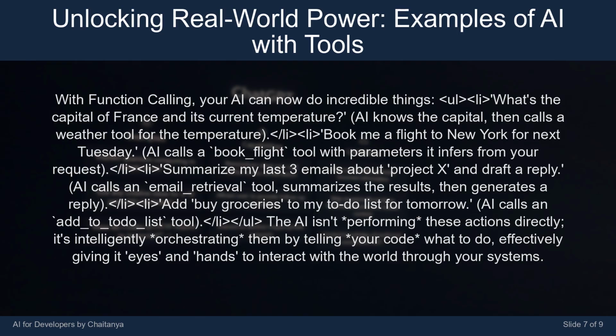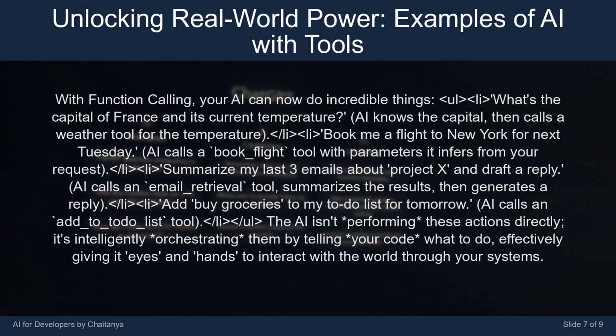AI calls a book_flight tool with parameters it infers from your request. Or, summarize my last 3 emails about Project X, and draft a reply. AI calls an email_retrieval tool, summarizes the results, then generates a reply.